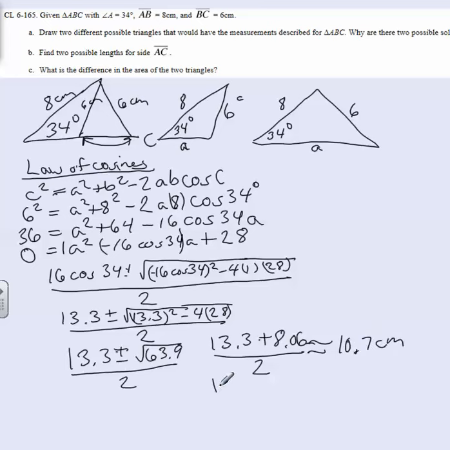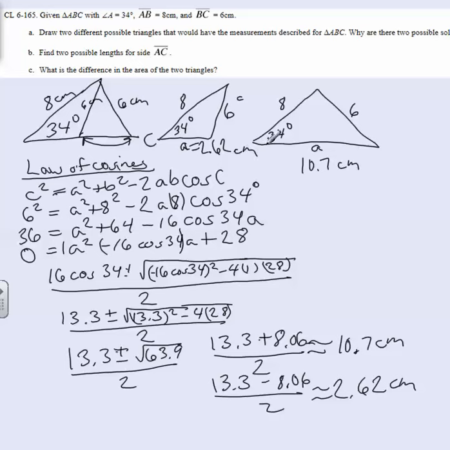And the second is the minus 8.06 divided by 2. That we get approximately 2.62 centimeters. And so A is 2.62 for the shorter version of the triangle, the smaller one, and this one is 10.7 centimeters. So that's how that part can be done using the law of cosines.